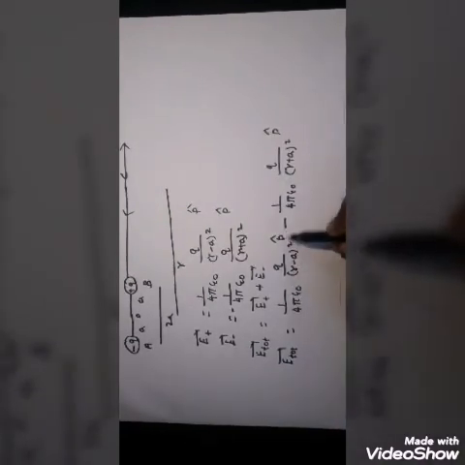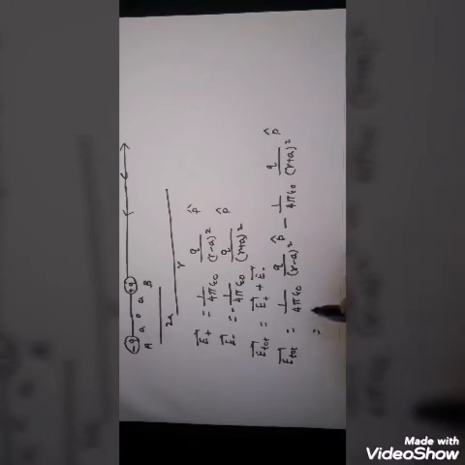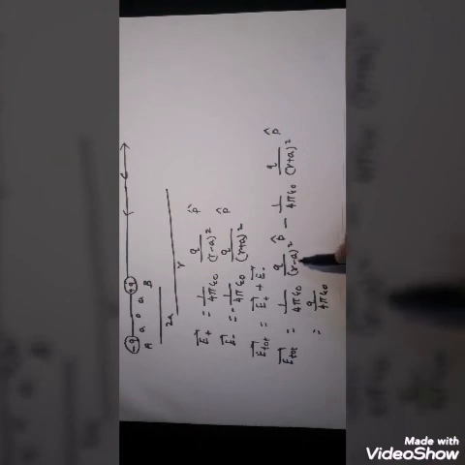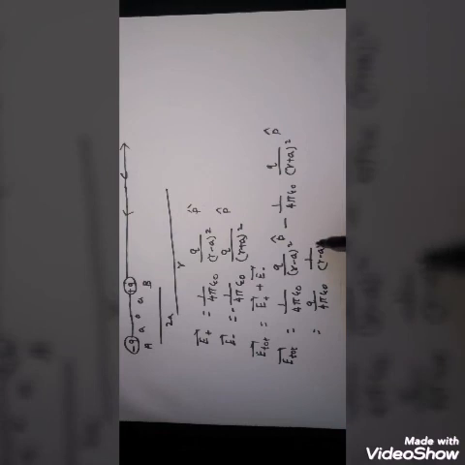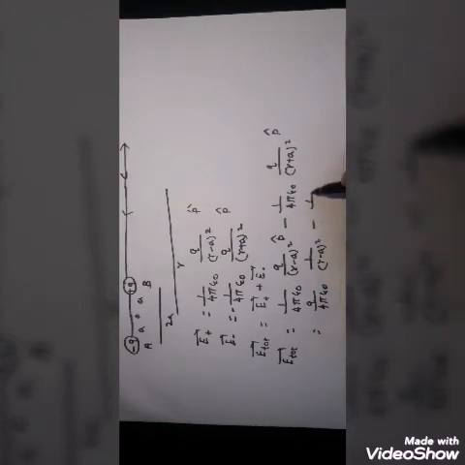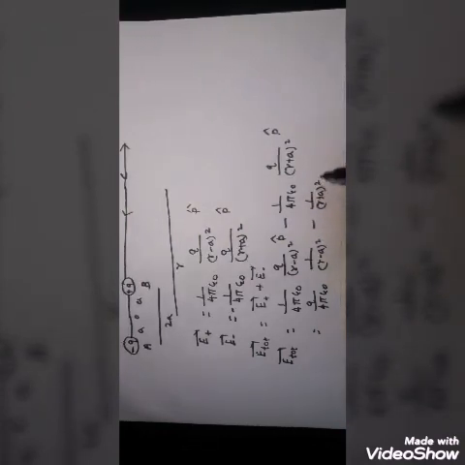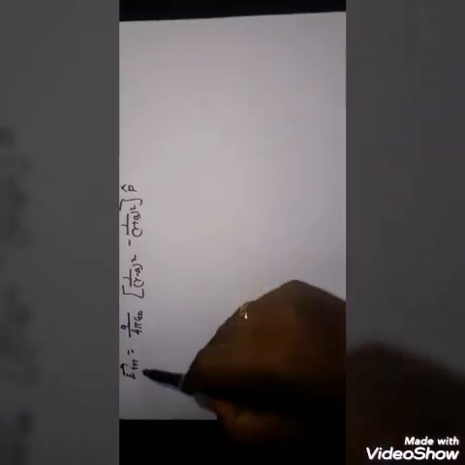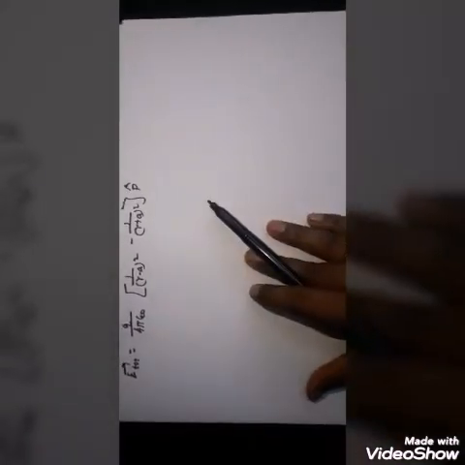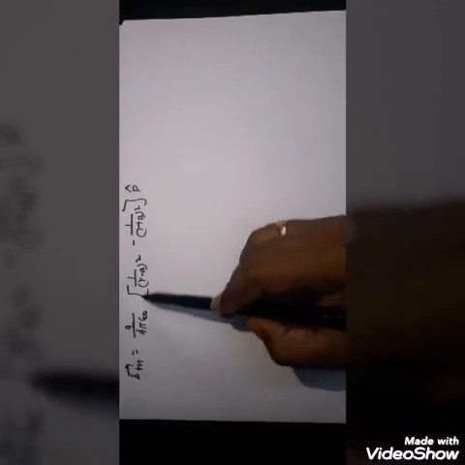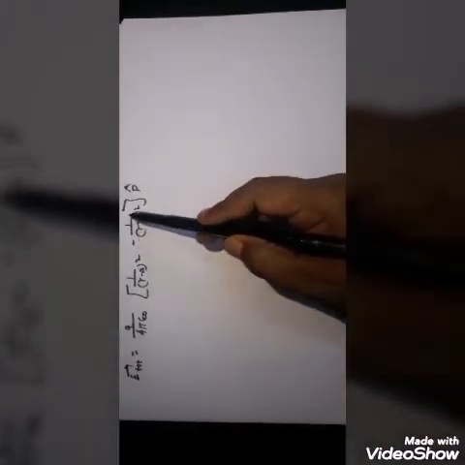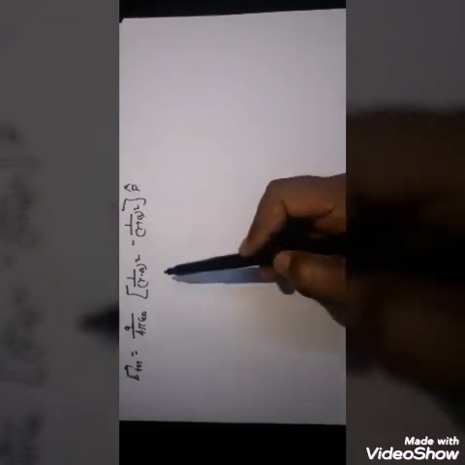Here we can take the common terms outside: q by 4 pi epsilon naught, times 1 by (r minus a) the whole square minus 1 by (r plus a) the whole square, with p cap outside.